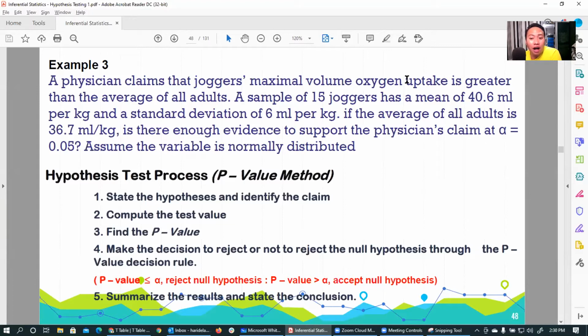If the average of all adults is 36.7 ml per kilogram, is there enough evidence to support the physician's claim at alpha 0.05? Assume the variable is normally distributed. So here again, we need to pre-qualify if the problem is dealing with t-test for a mean or z-test for a mean. Let me give you 2 minutes to think about it if it's going to be a t-test or z-test.